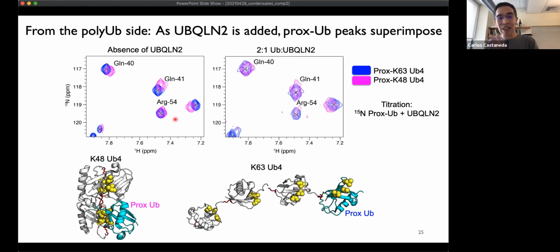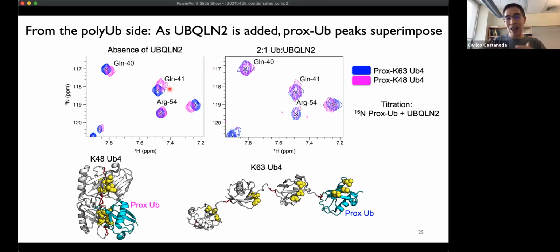But as we titrate in ubiquilin, what we think is happening is that K48 tetraubiquitin is opening up to accommodate the UBA binding happening here, right? And what's interesting is that the shifts are right on top of each other, really indicative that they're binding in a similar way. But what had to happen in the beginning is that we needed to change.